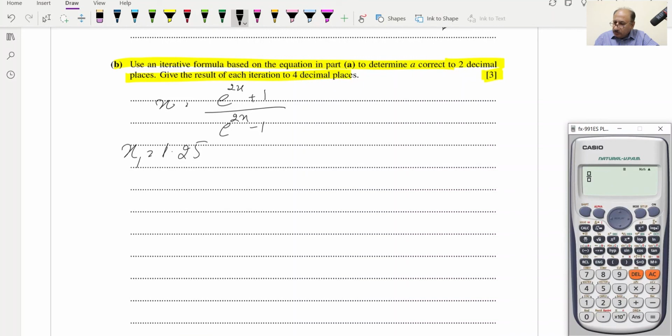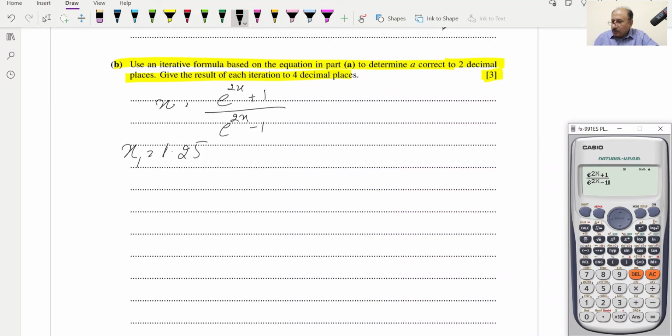We'll type this equation: e raised to the power 2x plus 1 over e raised to the power 2x minus 1. The minus should be over here.